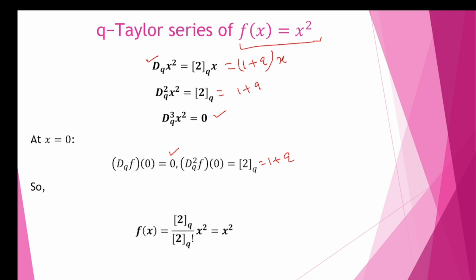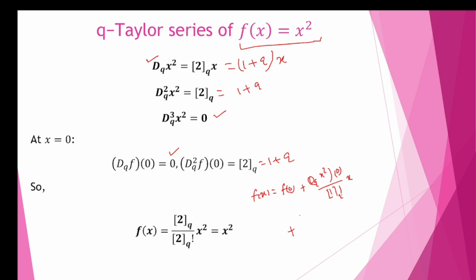So now f of x we can write as first f of 0, plus the dq of x square at 0 divided by 1q factorial, into x.